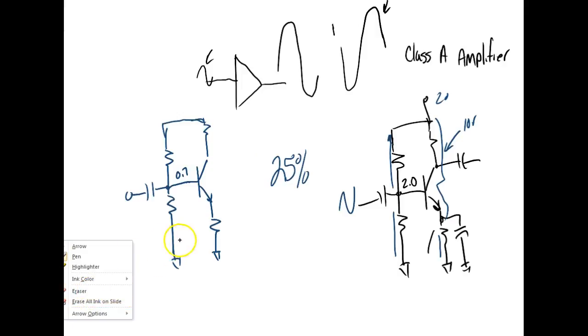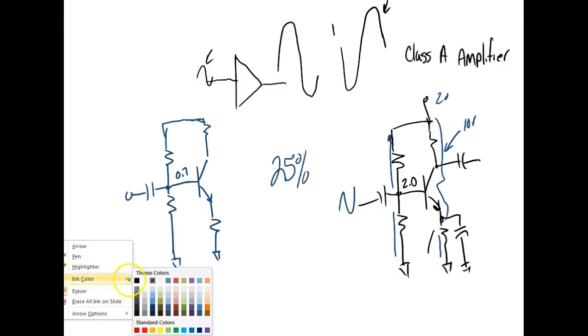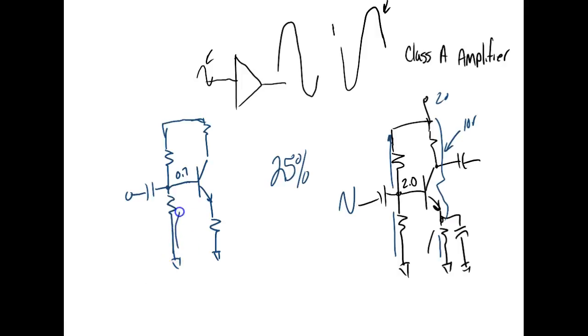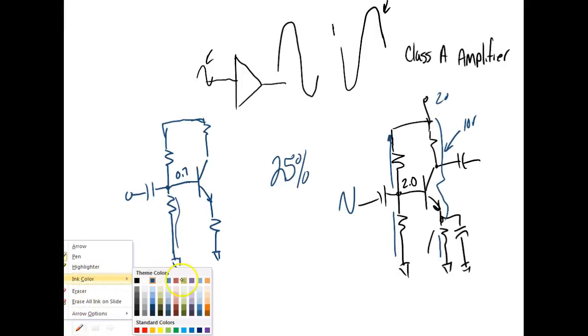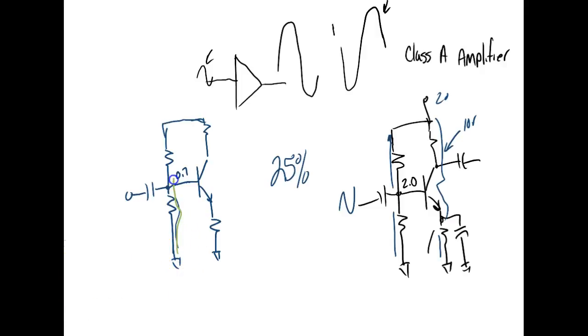Now, of course, with no signal on the input, I still have this current flow right here. I still have this current flow right there set at 7/10 of a volt, right? But it's very little now. So how much current would I have? If I put that at exactly 7/10 of a volt, how much would I have on my emitter?